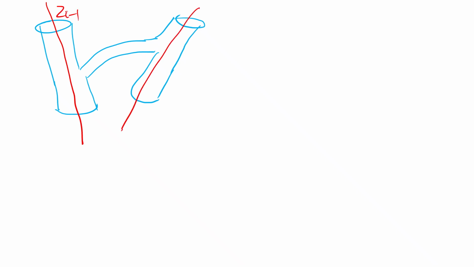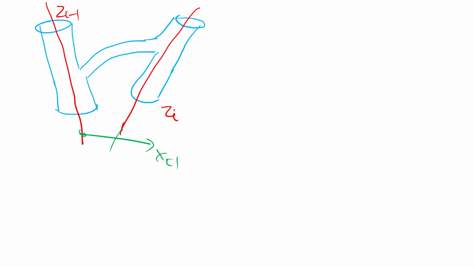This is zi. A common normal between these axes starts from here, so it is xi minus 1. Then for the other joint you have a z axis, and between them you have a common normal, that is xi. So likewise it goes on.